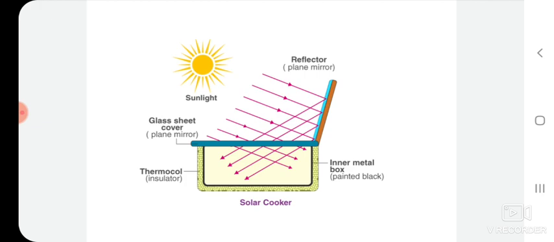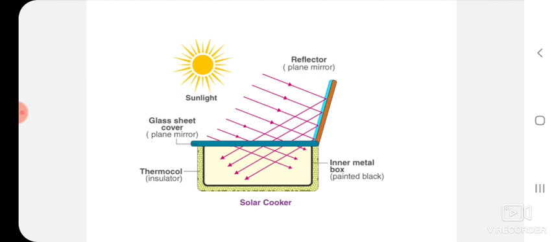The sunlight to heat conversion occurs when the photons of light waves interact with the molecules of the substance.